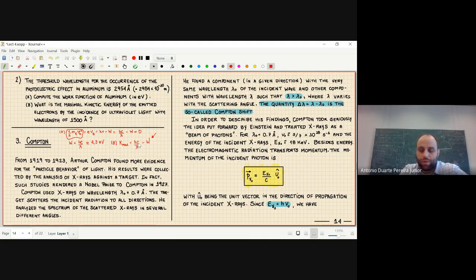Okay. So if you replace these letters by those numbers, you find that this is approximately 4.2 eV. So it's very close to the value of the work function.